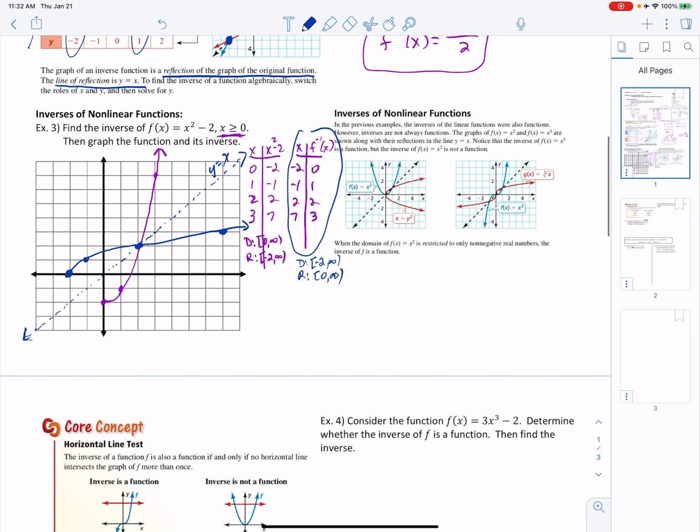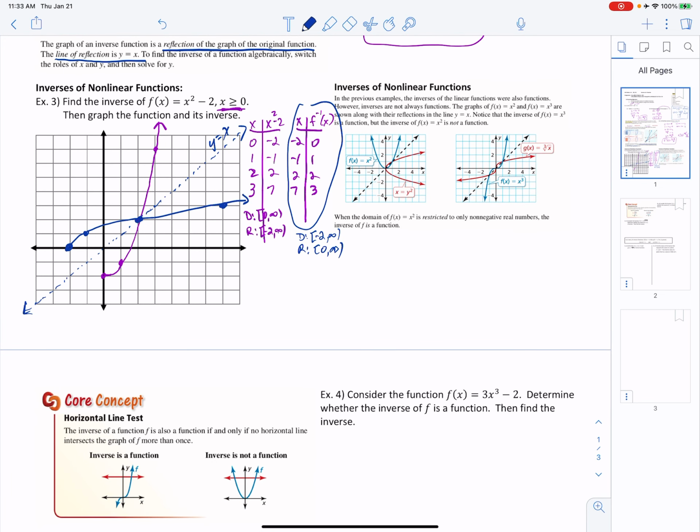When you go to actually find the equation of the inverse, we originally have y equals x squared minus 2. We switch x and y, and we solve for y. When you take the square root, you get plus or minus. However, it's not both of those. It's one or the other.